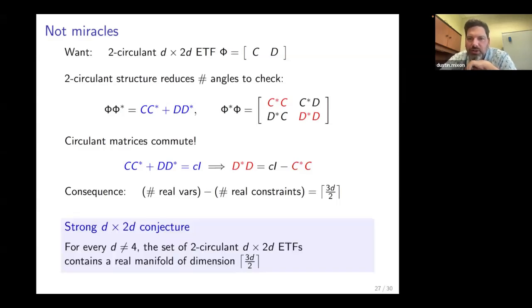And this is the subject of the strong D by 2D conjecture. This is saying that not only do these things exist, these two circulant ETFs, there's going to be a real manifold of a very particular dimension of these guys. And we're stating that this conjecture holds whenever D is not 4. I'll give some comments later as to why 4 might be special.